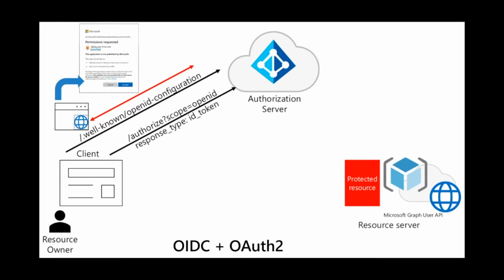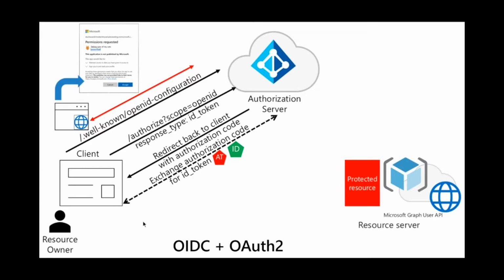The user, again, is presented with the sign-in dialog and gives consent to the client. And then the authorization server will redirect back to the client with the authorization code. The client will send the authorization code back to the authorization server in exchange for, now this time, an ID token.